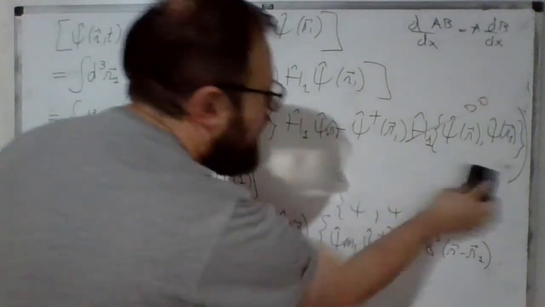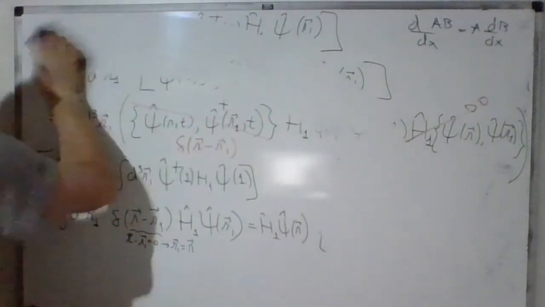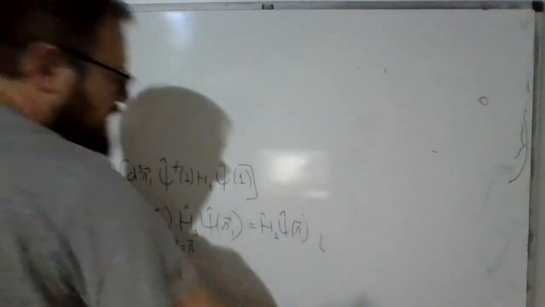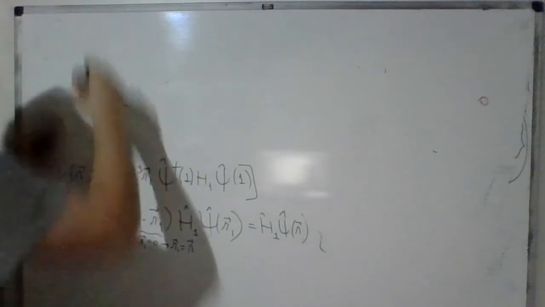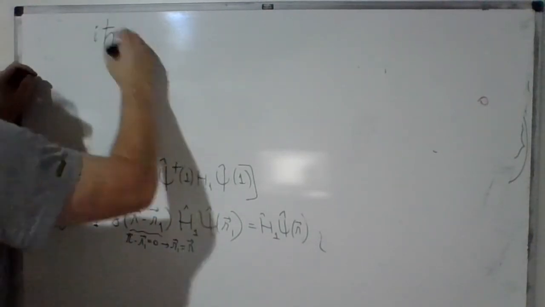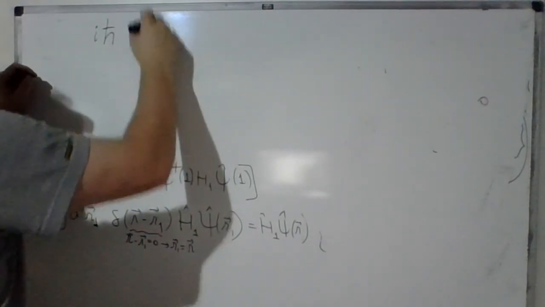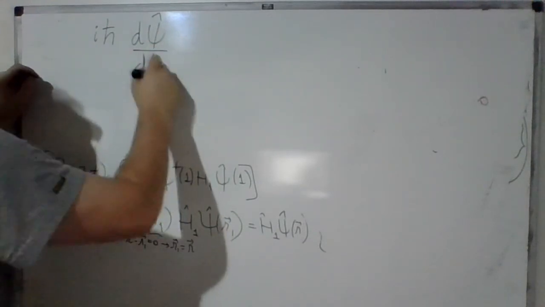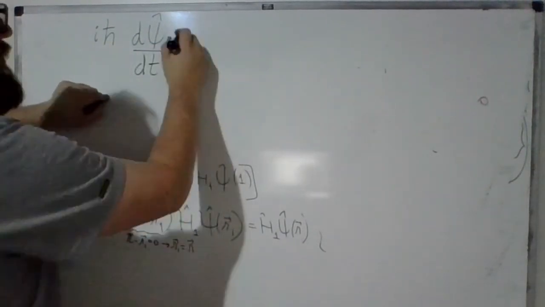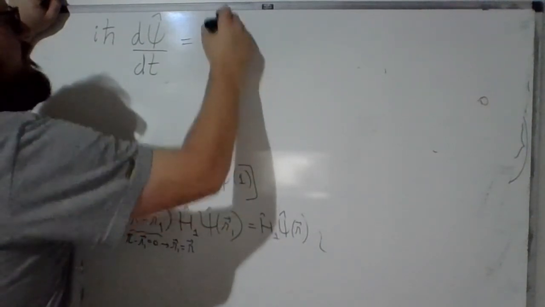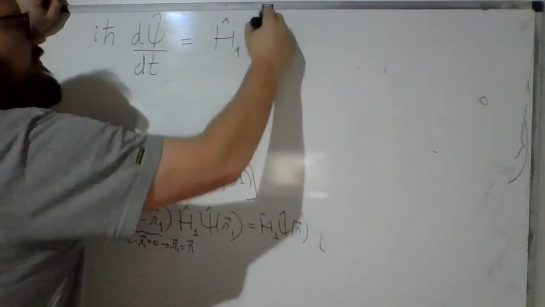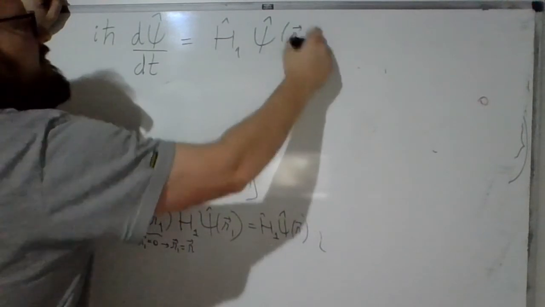So suppose there are no interactions, a non-interacting problem. What you find out is that i h bar times the derivative of the operator with respect to time is equal to the Hamiltonian 1 applied to psi of r and t.